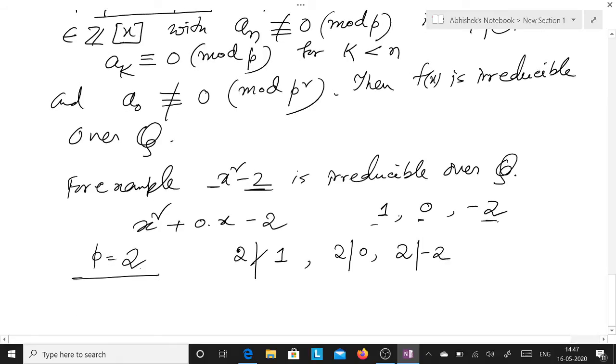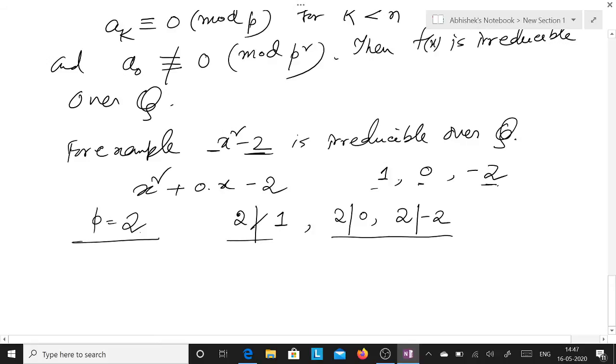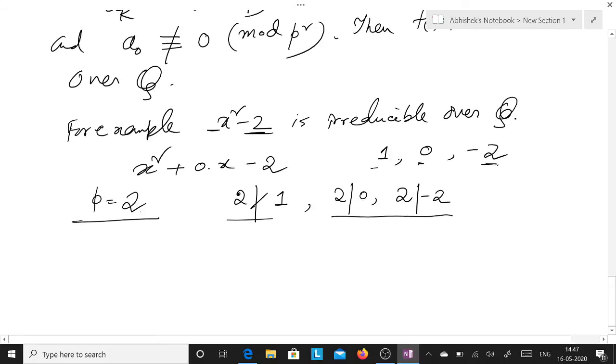So this satisfies two conditions, and the remaining one is that now we need to consider 2 square, that is 4. Now 4 will not divide the constant coefficient. So in that case, this prime works good.